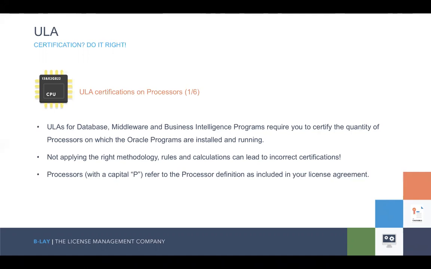Because if you have, for example, a ULA for database, middleware, and BI, and you are required to certify, you need to be aware that you need to count as per Oracle's processor definition. Now, the counting of processors, which is referring to the definition of a Processor, that's why it's listed in your contract with a capital P, needs to be taken into account in order to determine how to count processors.